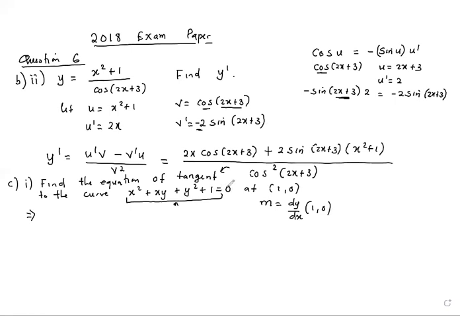So you differentiate x squared, it gives us 2x. Then x times y: when differentiating x, you keep y as a constant. So the derivative of x is 1, then you multiply by y, plus the derivative of y is 1 dy/dx, because it's y, then you multiply by x.